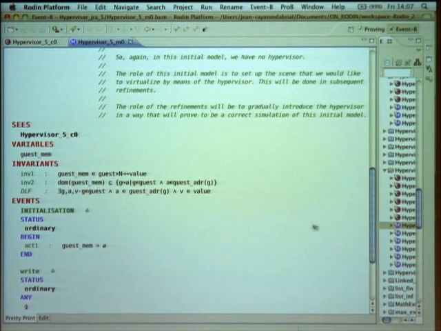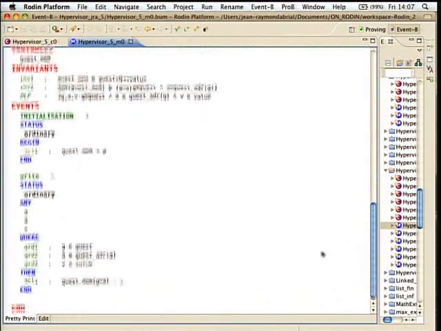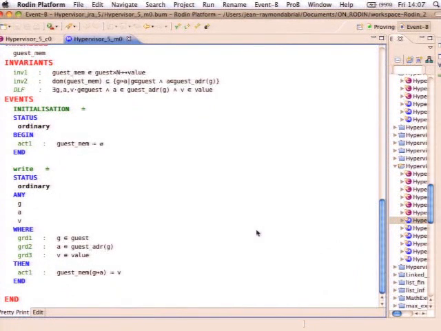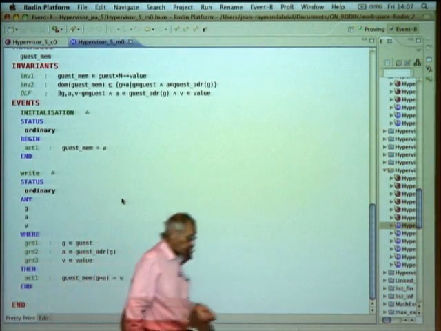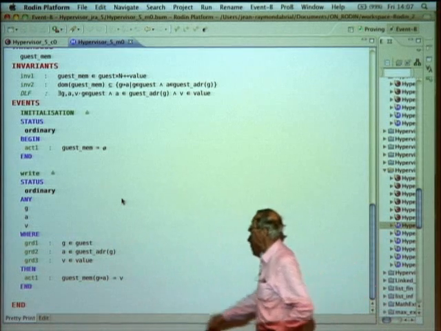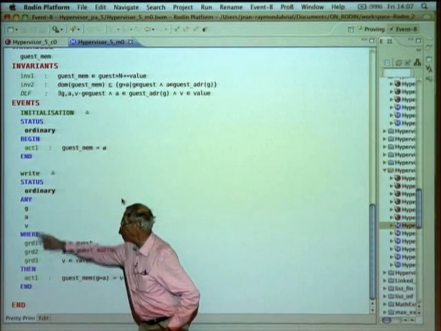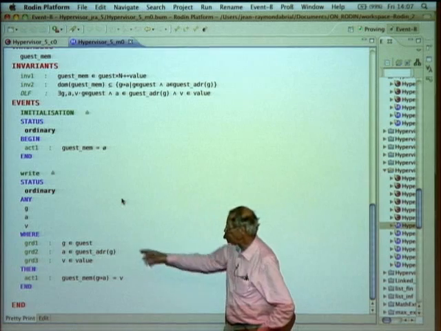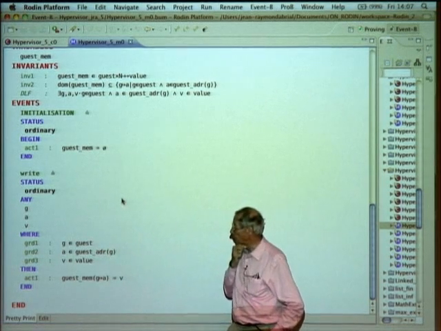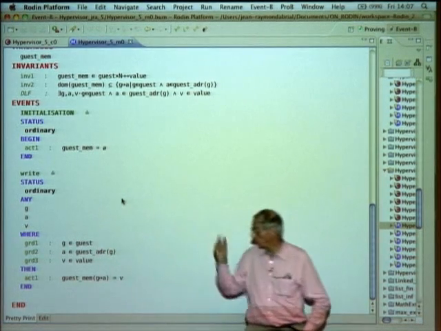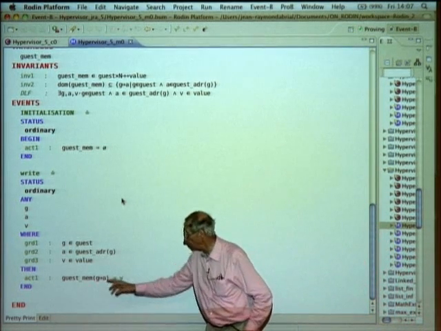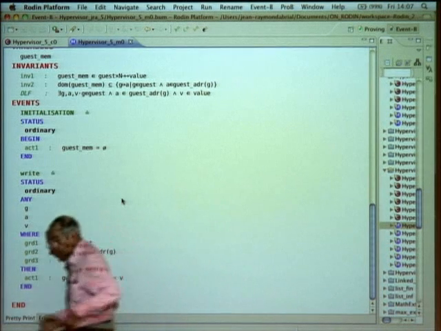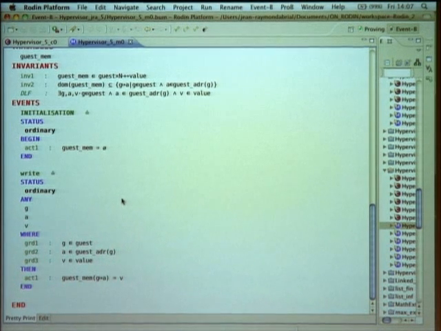It is initially empty, and then we have a single event called write with three parameters: a guest, an address, and a value. G is a guest, A is an address of this guest, V is a value, and we just write the pair GA in the memory. We write the value V. So this is very, very simple.